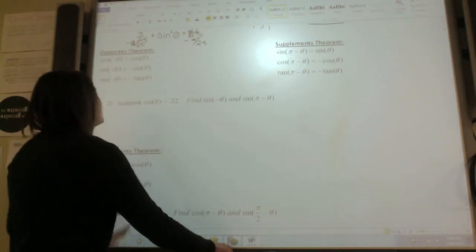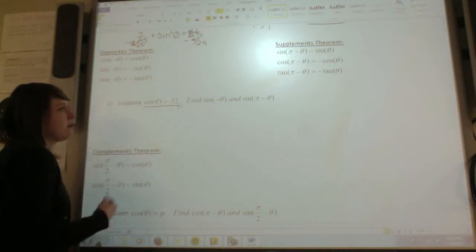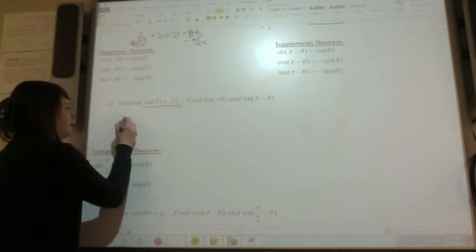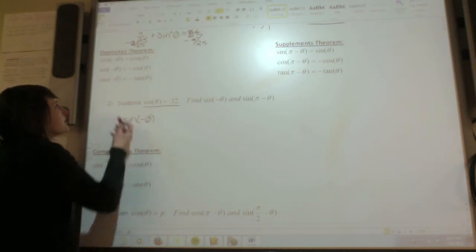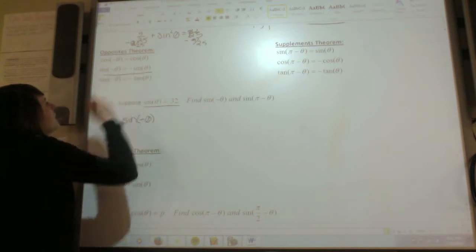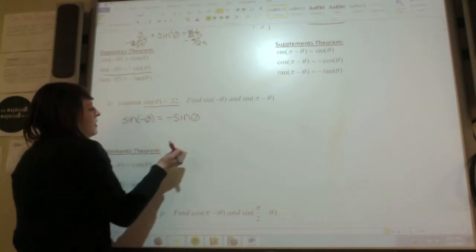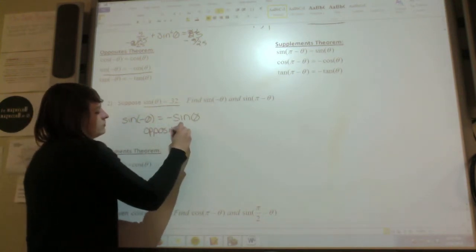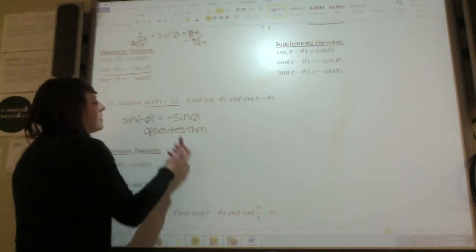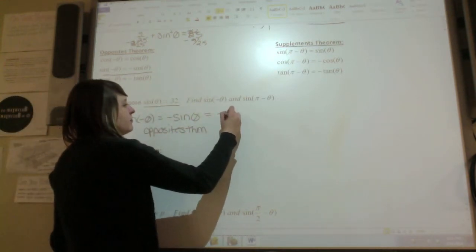Let's suppose that I know that the sine of theta is 0.32, and I want to find the sine of negative theta. I can use my opposites theorem for that. The sine of negative theta is negative sine of theta, and I know that's true according to my opposites theorem. Now, I know that the sine of theta is 0.32, so this would just be negative 0.32.